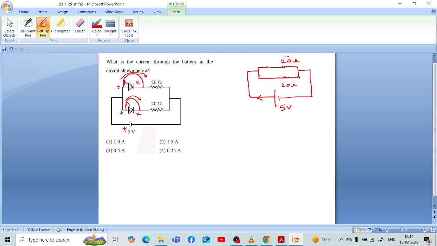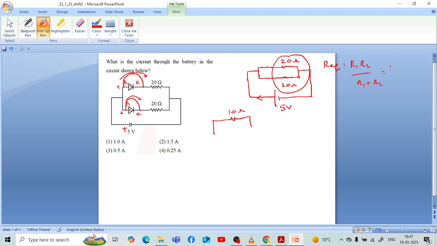First of all, we have to find the equivalent of these two resistors. The formula is R equivalent equals R1 R2 upon R1 plus R2. Both the resistors are the same, which means the equivalent is half of this value, that is, 10 ohms. So we can replace these two 20 ohm parallel resistors by a single 10 ohm resistor.